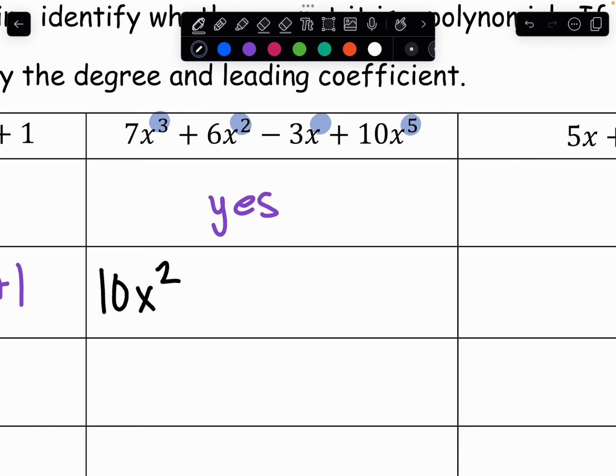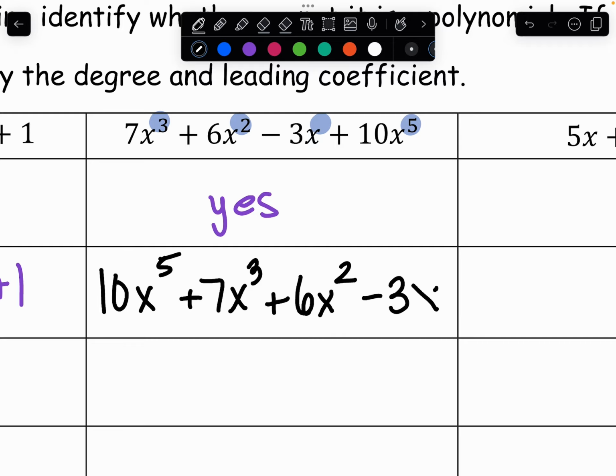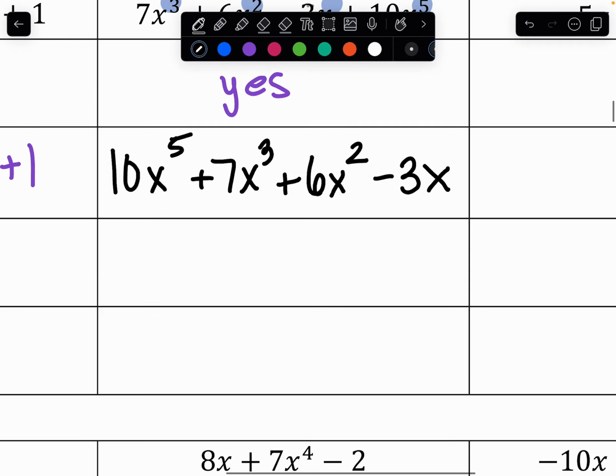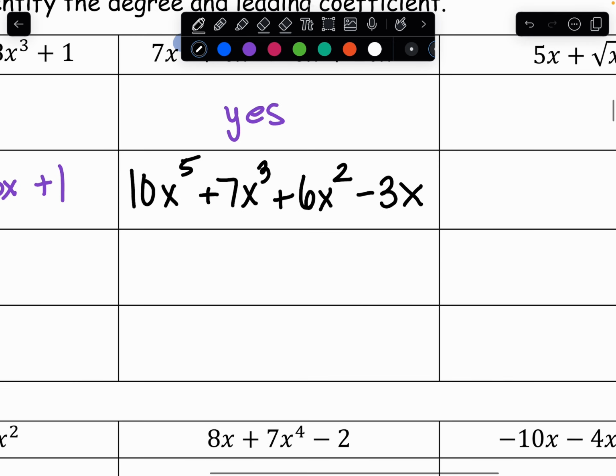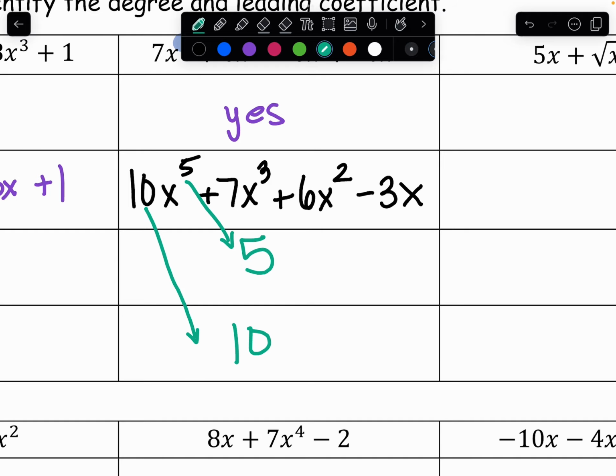So positive 10x to the fifth power, plus 7x cubed, plus 6x squared, and then minus 3x. And so our degree is 5, and our leading coefficient is 10.